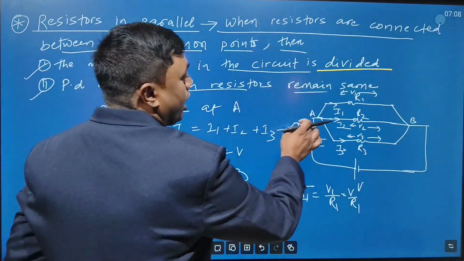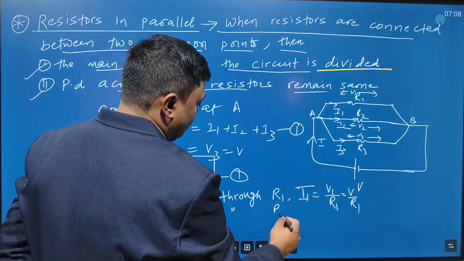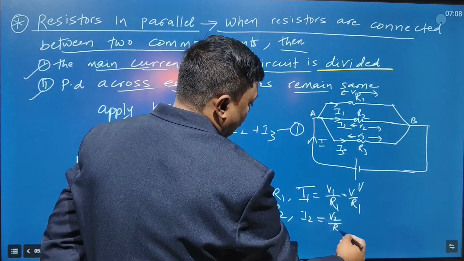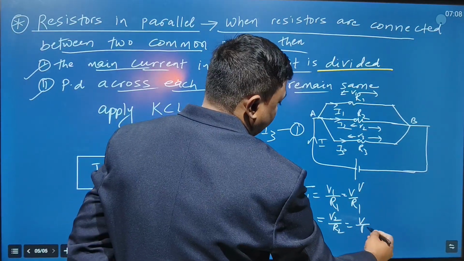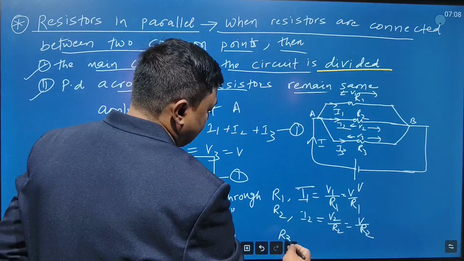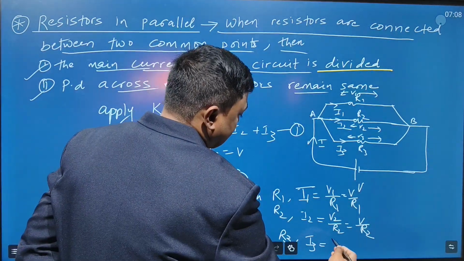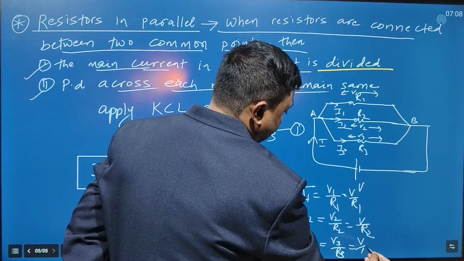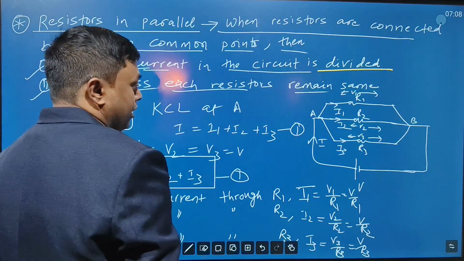Similarly, the current through R2 is I2. We can write V2 by R2, and V2 is nothing but V, so V by R2. Similarly, the current through R3, that is I3, is V3 by R3, or we can write V by R3. Yes or no? Correct?